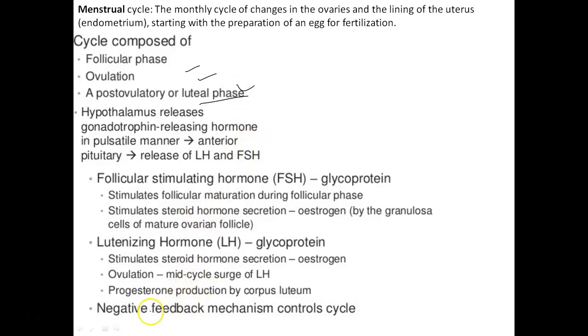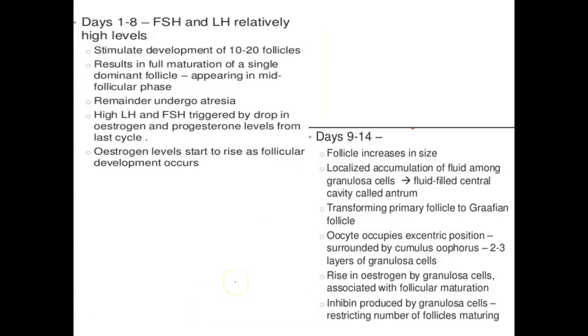Negative feedback mechanism. I told you so many negative feedback mechanisms. Inhibin, then FSH and LH have a negative effect because of the presence of a high amount of estrogen and progesterone. So in the first to 8 days, FSH and LH are at a relatively high level, so that development will occur.